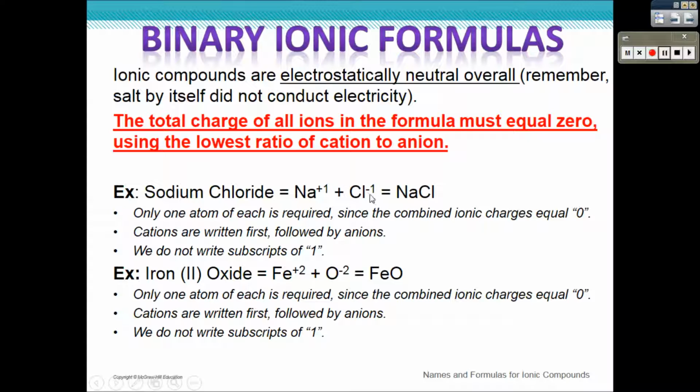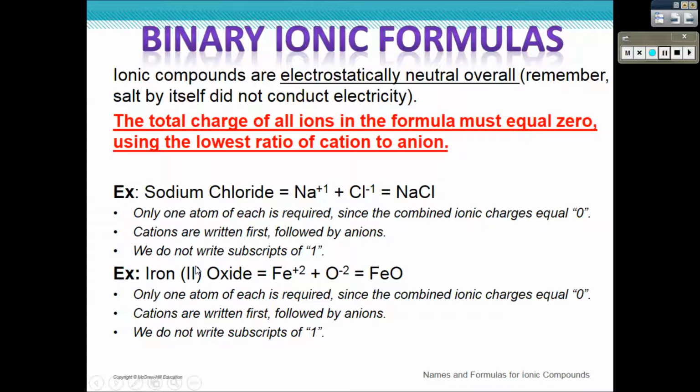The chloride anion is Cl-1. When you put sodium and chlorine together, the charges should equal 0, and a +1 and a -1 already cancel out to 0. So you just need one of each. You just put them close together, NaCl. We normally do not write the subscripts of 1, so that's why you don't see Na1Cl1, it's just NaCl.